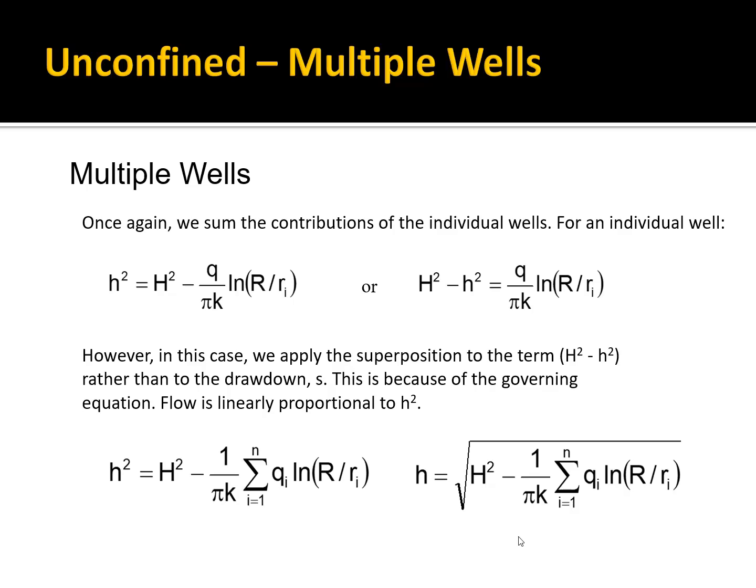Then you can calculate the head at any point as a result of pumping from multiple wells. And this is the equation that we're going to use for our construction dewatering exercise.